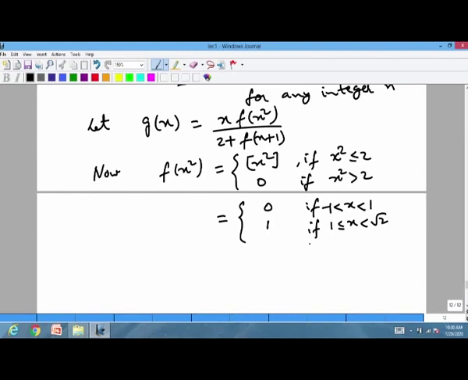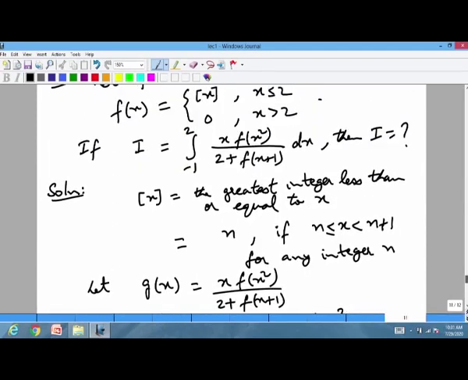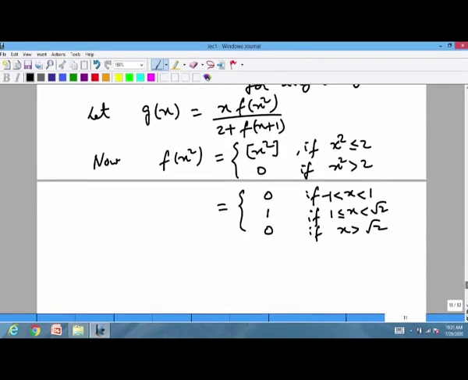And of course, if x is bigger than root 2, then x square is bigger than 2, so this is equal to 0. Because we have to integrate from minus 1 to 2, that is why I have started only for x bigger than minus 1.